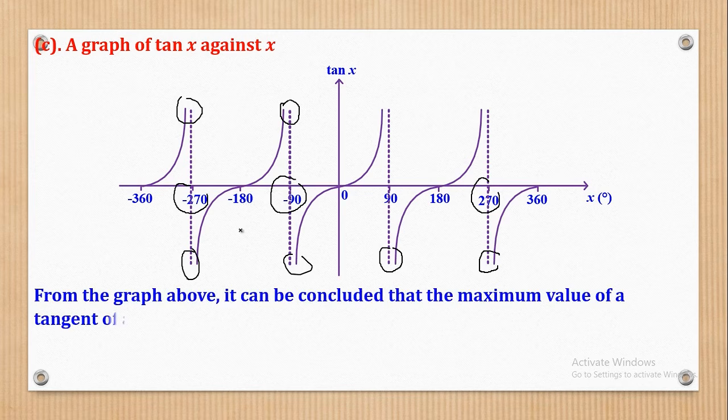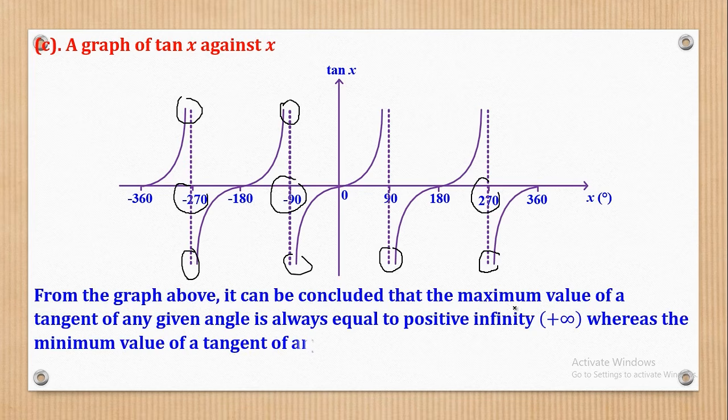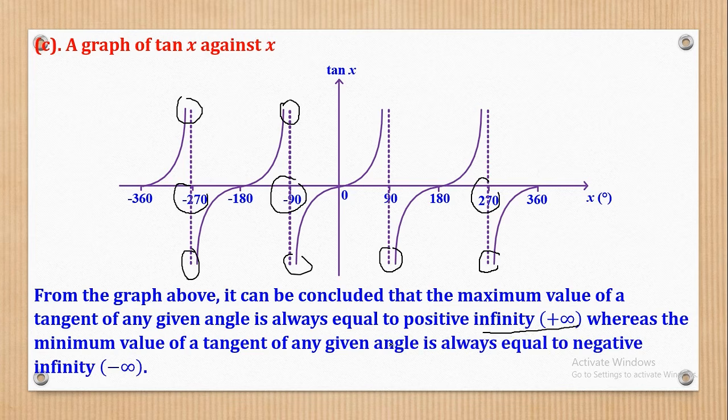Therefore, we shall conclude that the maximum value will just be tending to infinity, so positive infinity, and minimum will be negative infinity, meaning that it is not actual, it is not finite. So those are the graphs.